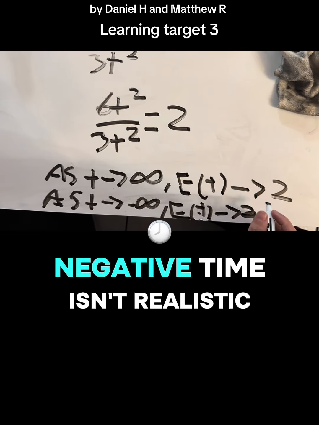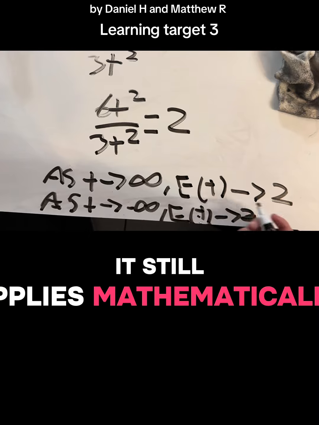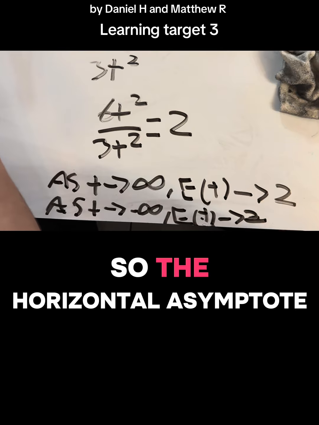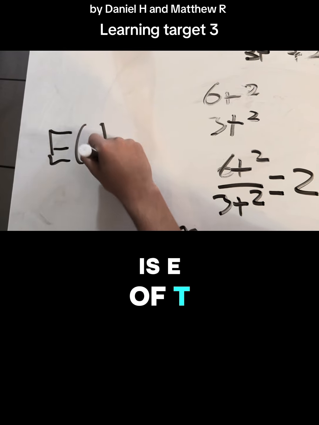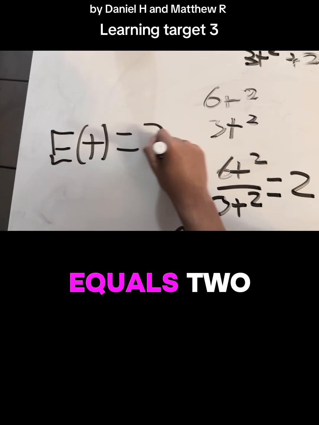So even though negative time isn't realistic, it still applies mathematically. So the horizontal asymptote is E of t equals 2.